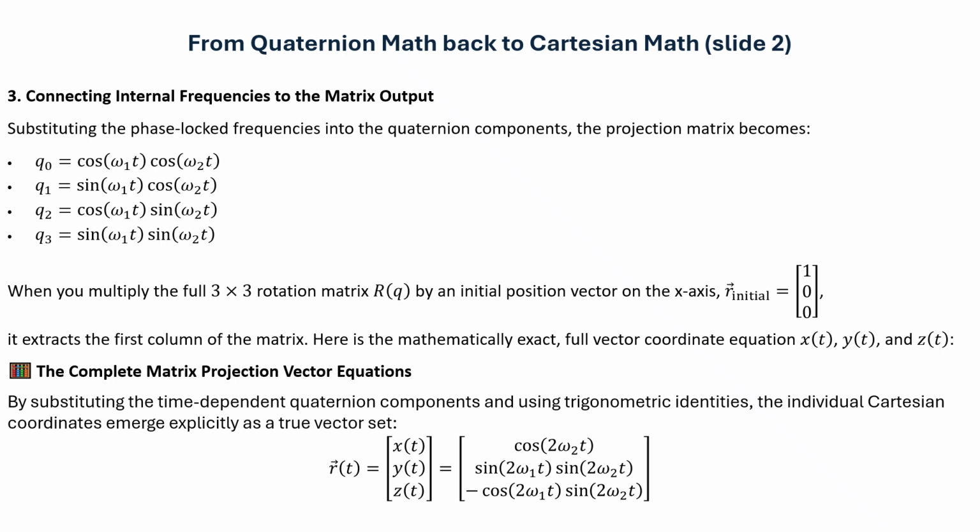So let's initialize it by that 1, 0, 0 vector at time 0 or at some other time. That will extract the first column of the matrix, and then you can calculate pretty beautiful and rather simple Cartesian coordinates. Cosine 2 times omega 2 times t, and for y you can see the formulas there.